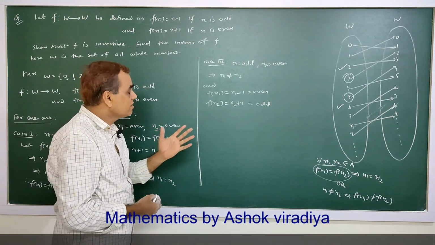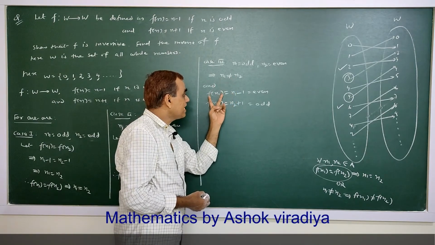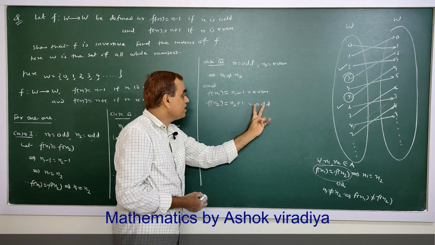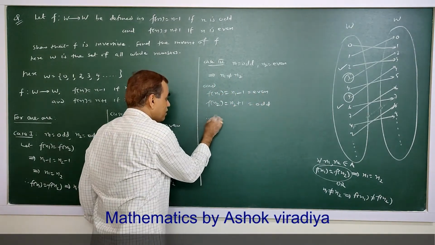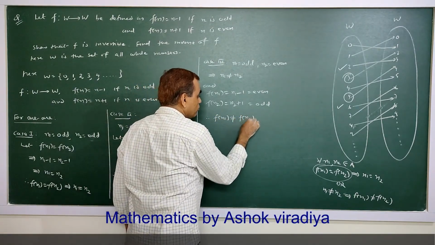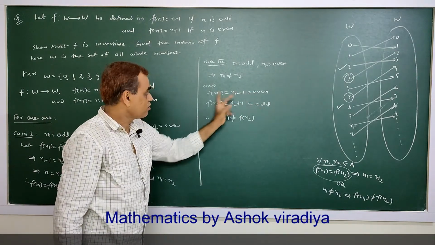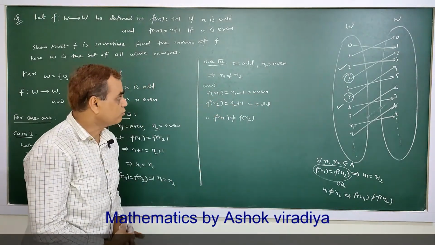So here n1 not equal to n2, and you can see that f of n1 is even, f of n2 is odd. Therefore f of n1 not equal to f of n2. Here it is clear, even not equal to odd, so f of n1 not equal to f of n2.